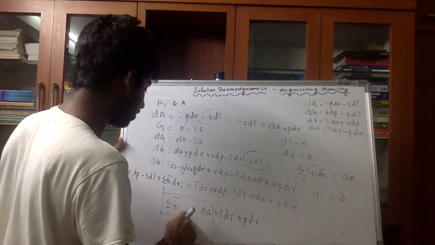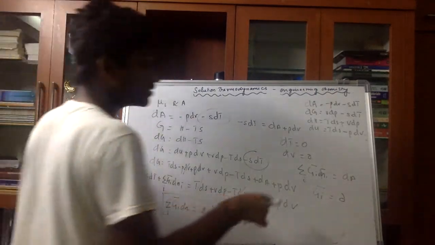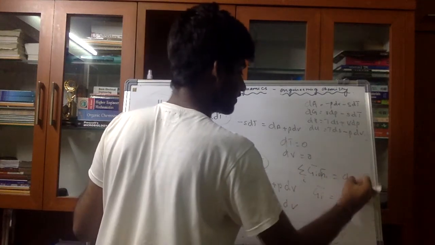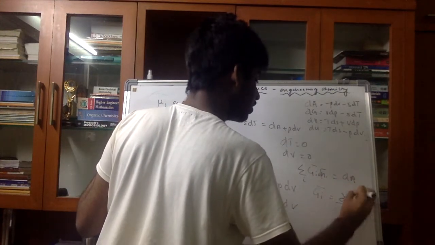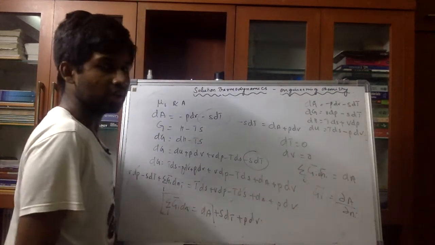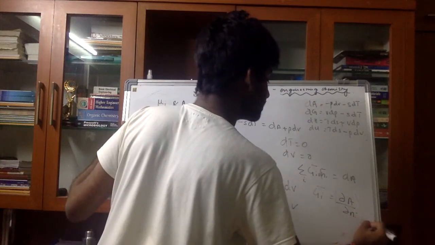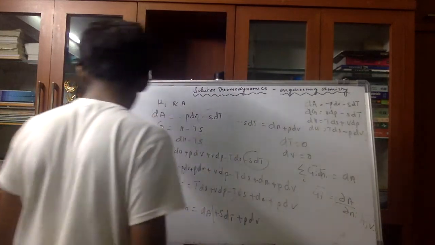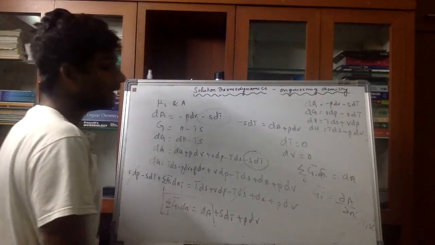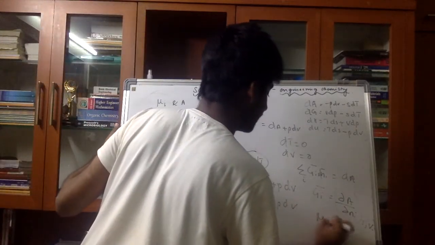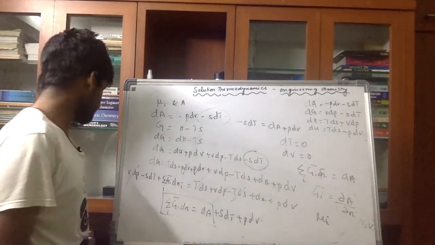I think I forgot the dni here. So yes, dA, and then you will have a dni. This becomes a partial derivative because that is the definition for your gi bar, and it is at constant temperature and constant volume. Okay, constant temperature and constant volume, and then I can write this as mu I. I hope I made myself clear. It's a very easy concept.